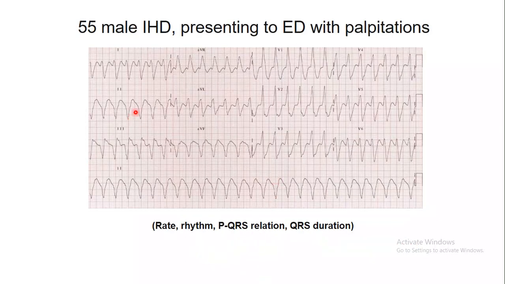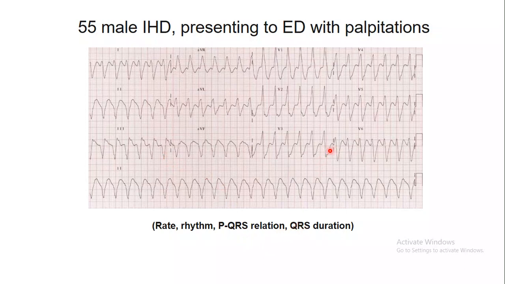We have this 55-year-old male patient, non-ischemic heart disease, presenting with palpitation. So commenting on the rate, this is tachycardia with a rate more than 200, around 150 or 160. The rhythm is regular. The P-QRS: actually we can see, might be, a P wave coming after the QRS complex.